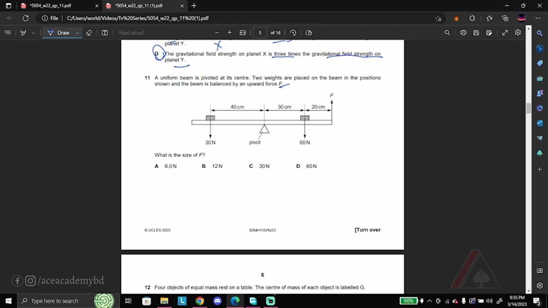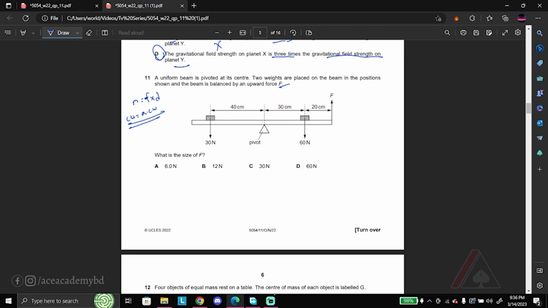If you recall the formula, the moment about a pivot is equal to the force times the distance between the force and the pivot. The principle of moments also states that the clockwise moment is equal to the anti-clockwise moment for an object in equilibrium about a pivot. So we use this formula to solve this.